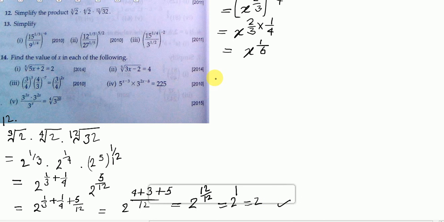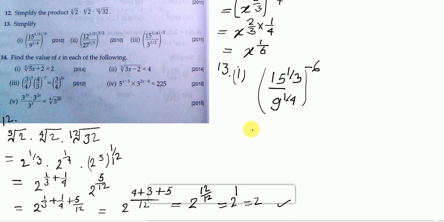And 13th question is simplify. 15 raised to the power 1 by 3, 9 raised to the power 1 by 4, whole raised to the power minus 6. 15, 3 5s are 15, then 3 raised to the power 1 by 3 into 5 raised to the power 1 by 3, and 3 raised to the power 2 by 4, and whole raised to the power minus 6.